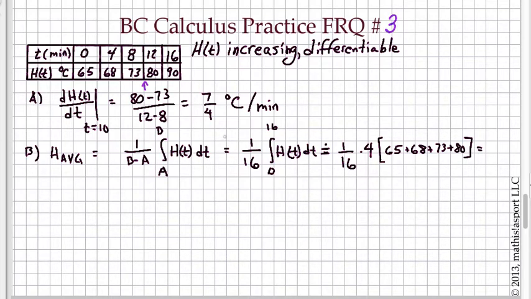Notice that in every case we take the value of the function, the height of the function, at the leftmost edge of each of the 4 rectangles, at each of the 4 subintervals. And putting all this together, we get 286 over 4. Write that out. And that equals 71.5 degrees Celsius.